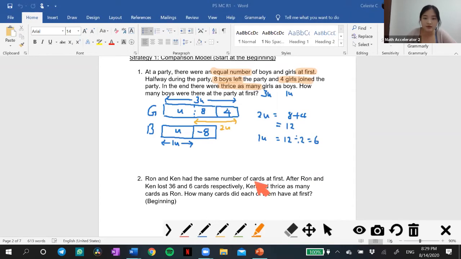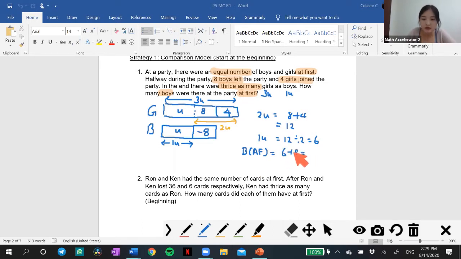What else? They're asking you for boys at first. So boys at first: is it just 1 unit or do you have to add the 8? Let me know. Should my answer be 6 or 6 plus 8? Good. 6 plus 8.